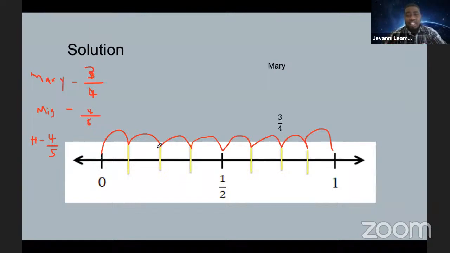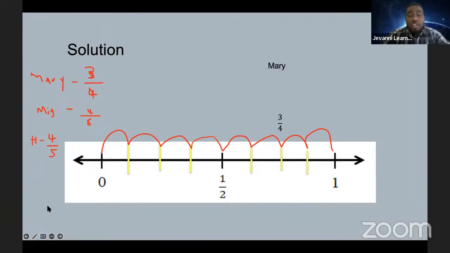You said that it's Miguel. Besides the 8 intervals, did you use the numerator or the denominator? Denominator. So that's how you got to that answer, right?